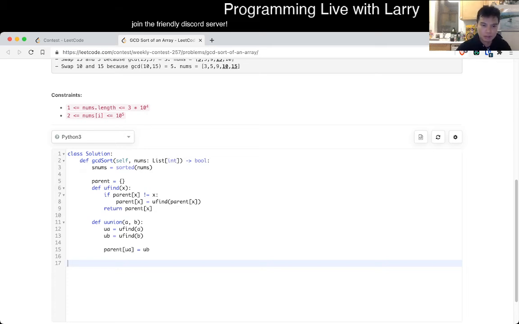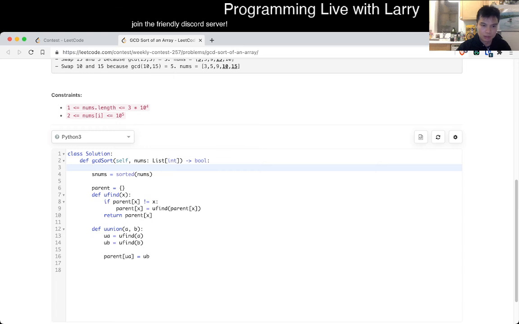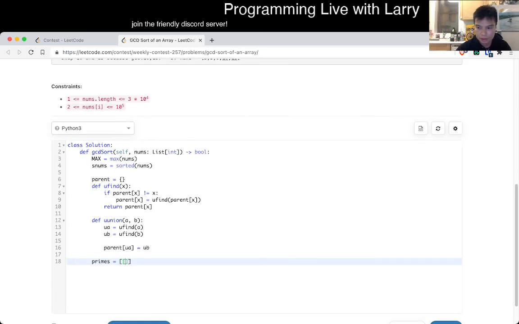Let's write the sieve. The good thing is that we'll be able to test this pretty quickly, so that's good.